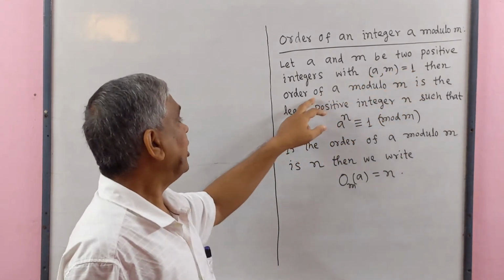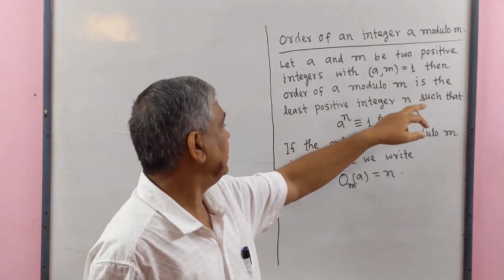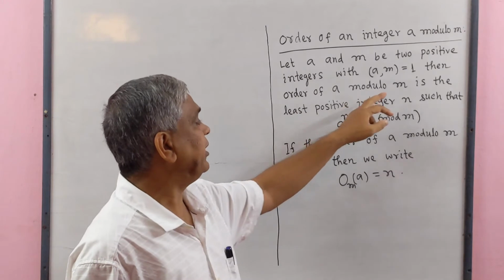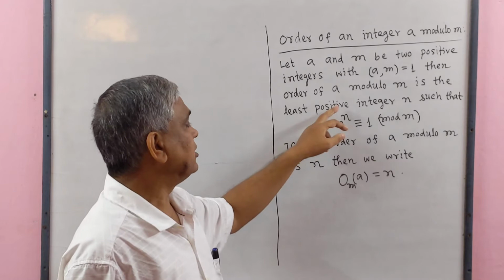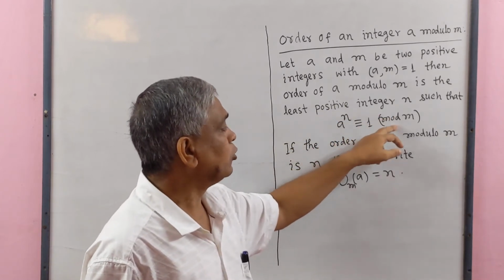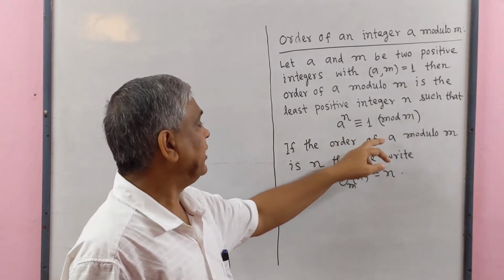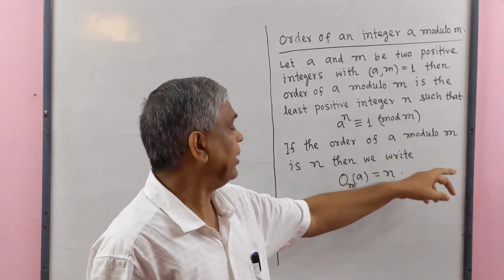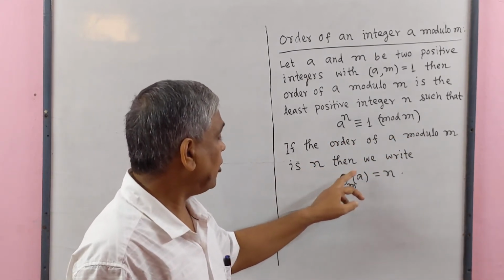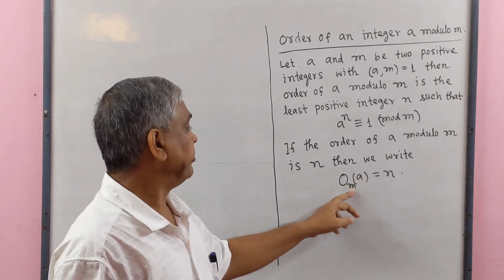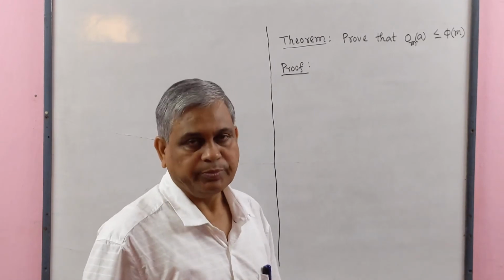Then order of integer a modulo m is the least positive integer n such that a to the power n is congruent to 1 modulo m. If the order of integer a modulo m is n, then we write order of a modulo m equal to n.